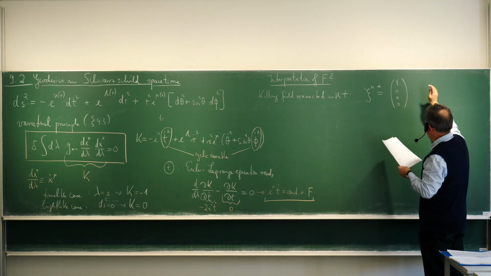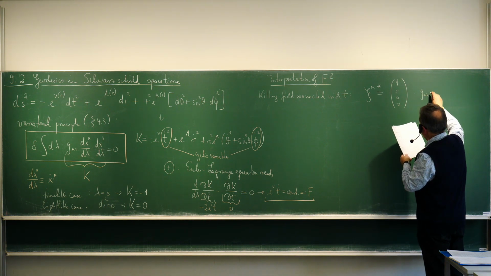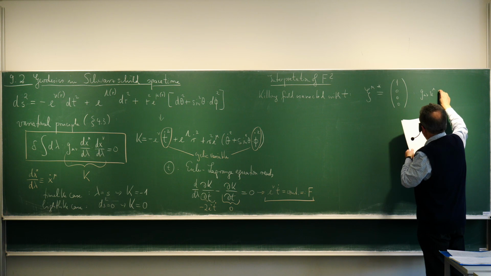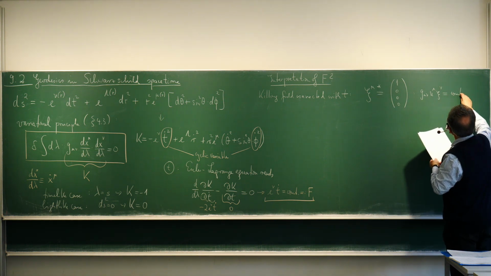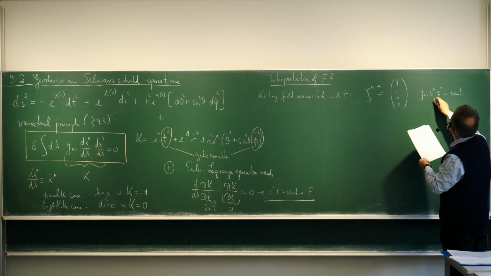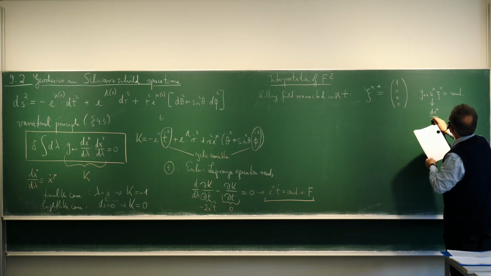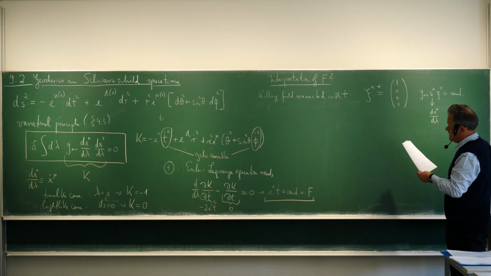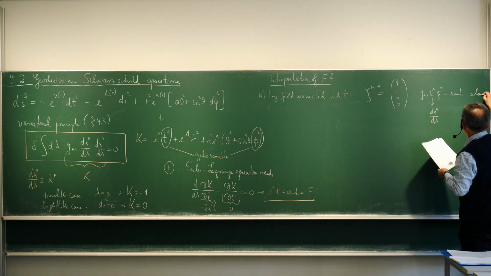And you have learned in part 1 of the lecture course that g mu nu u mu xi nu is constant along geodesics, where u is the tangent vector of the geodesic, so dx mu over d lambda, and xi is of course the Killing field along geodesics.